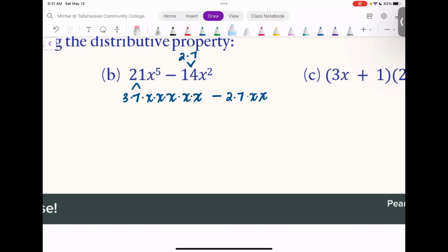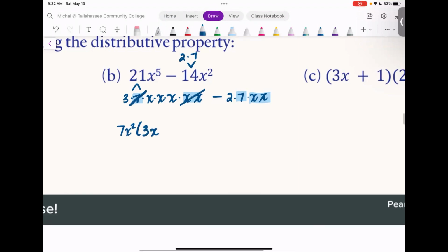Looking at these, I'm looking for factors that each term has in common. Both terms contain the number 7, and both terms contain 2 x's. So I'm going to use division, and I'm going to divide each of these terms by 7x squared. If I divide out my 7x squared from my first term, I'm left with 3x to the power of 3.